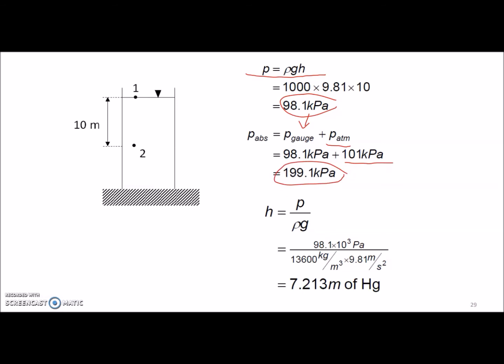Then we need to answer in terms of mercury head. This is the formula to find the head. The pressure is already calculated, and then we need to use the density of mercury because they want the answer in mercury. The answer is 7.213 meter of mercury.